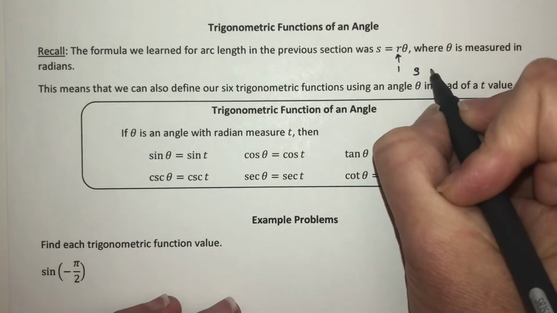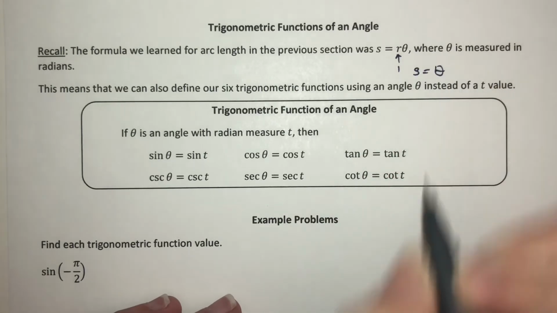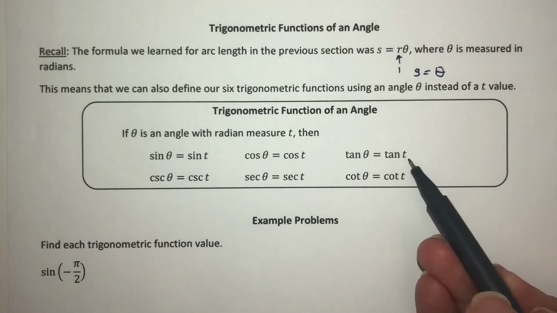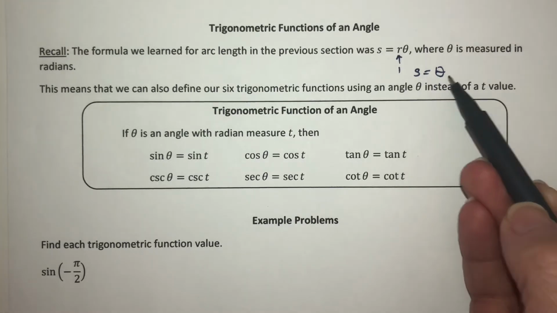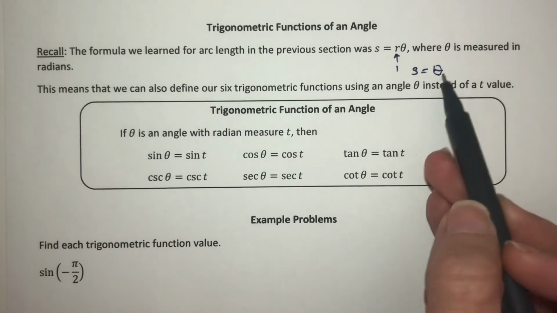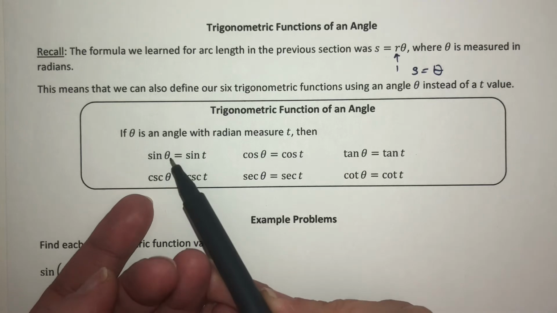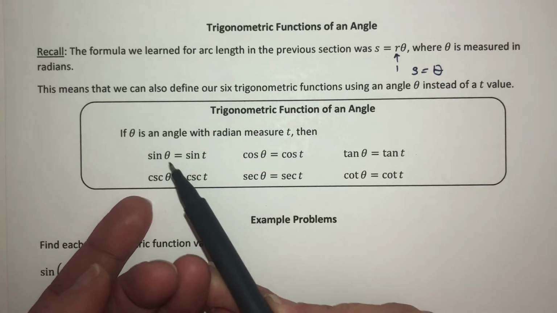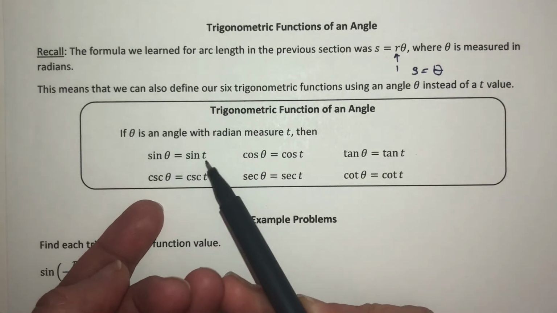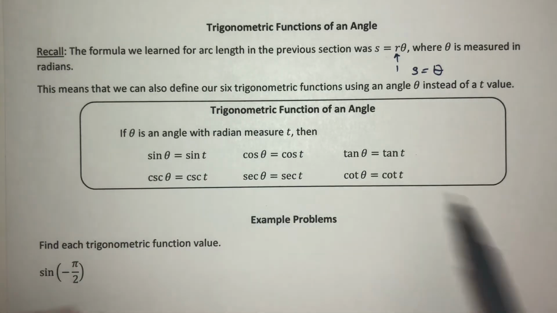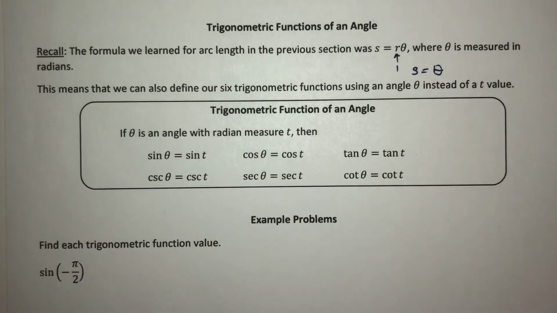So our arc length is the angle. And when we defined our trig functions, we said that t was the arc length. So if our arc length s is theta, the Greek letter theta, then sine of that angle is the same as sine of that arc length. As long as we're talking about a unit circle, we can define these exactly the same way.